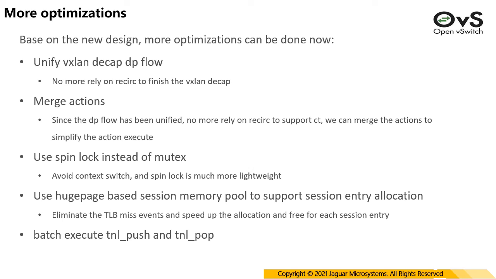Also, we may introduce a memory pool to support fast allocation and freeing of session entries. Use a spin lock to replace the mutex to avoid the context switch, and guarantee the session table can be accessed concurrently. As well, we may execute the tunnel push and tunnel pop actions in batch.